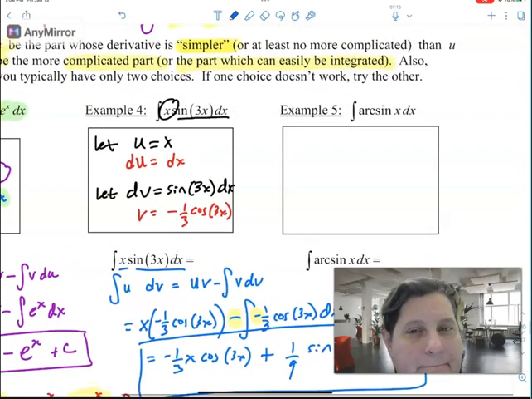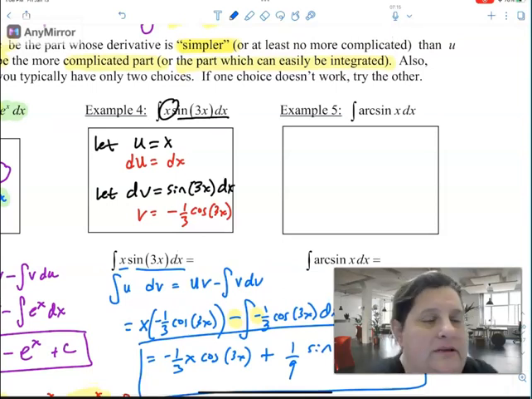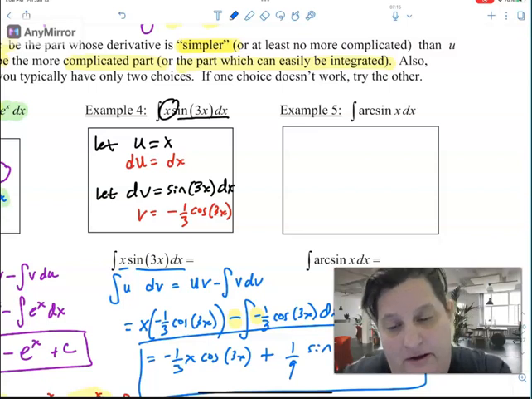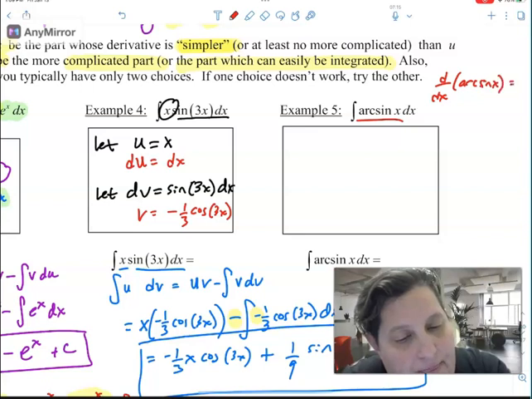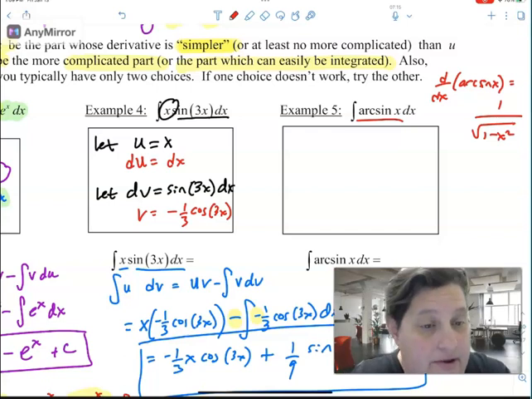Now, integration by parts is how we integrate things like arc sine, because I don't know what the integral of arc sine is. But we can use integration by parts. The only thing I know about arc sine is that the derivative of arc sine is 1 over the square root of 1 minus x squared. I remember that.